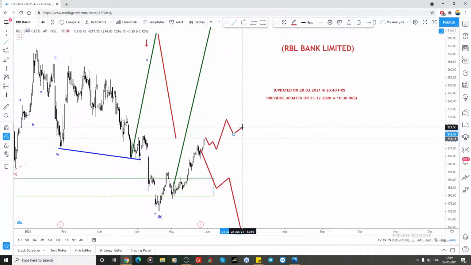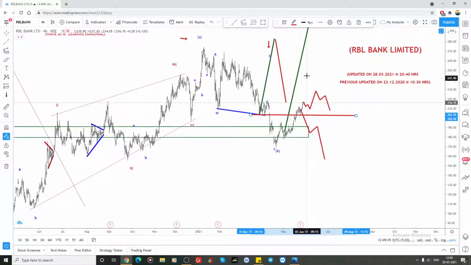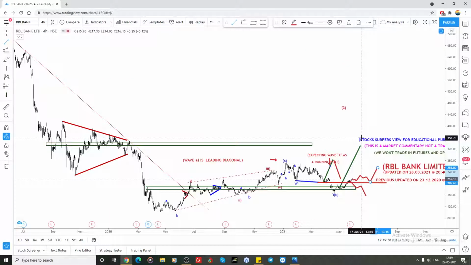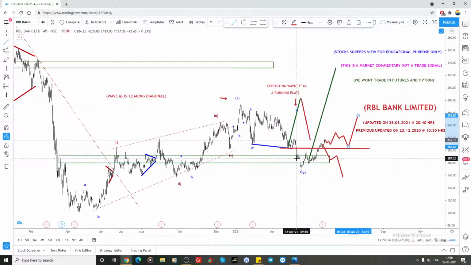So buy in the three-wave structure, nearly at the 38.2 fib retracement, going for the buy. At least this length you may get, if it gets rejected here in the three-wave structure, this length you may get here. Then later on, whether it converts to that WXY pattern or it is moving from here, it's like DCB Bank. But the next huge resistance zone is 400. So look for this.